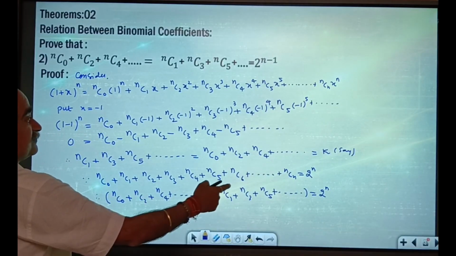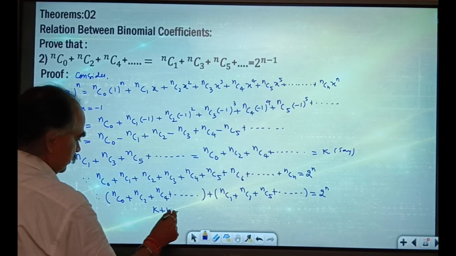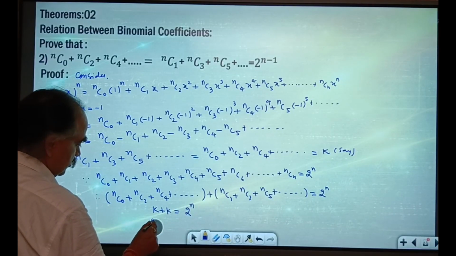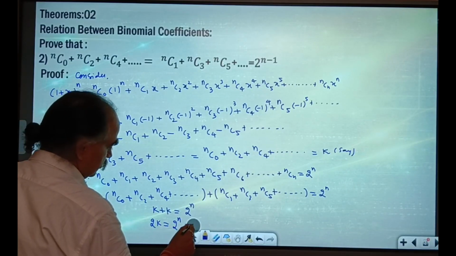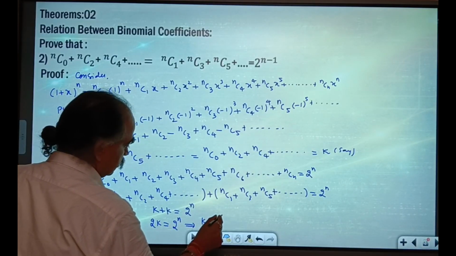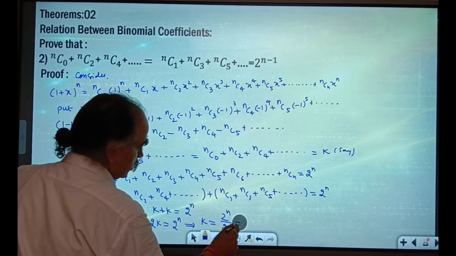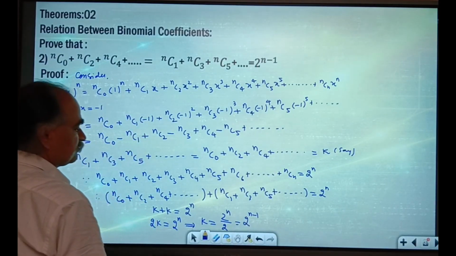Now this is K and this is also K. So K plus K is 2 raised to n. 2K is 2 raised to n. So K is 2 raised to n upon 2. Law of indices says 2 raised to n minus 1.